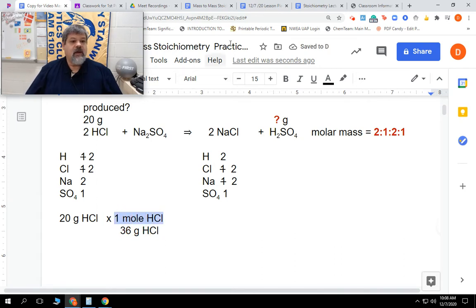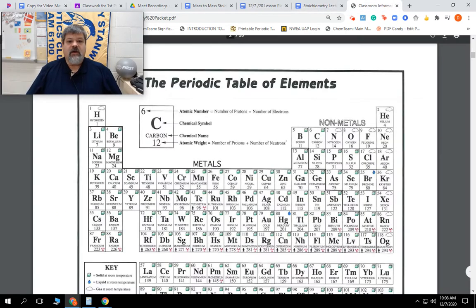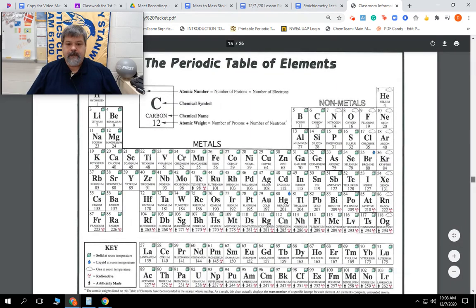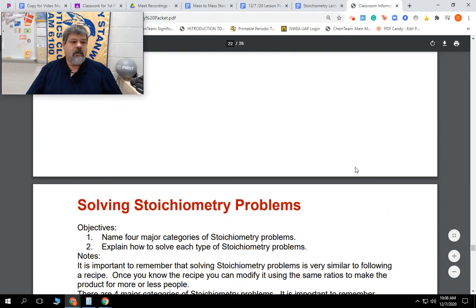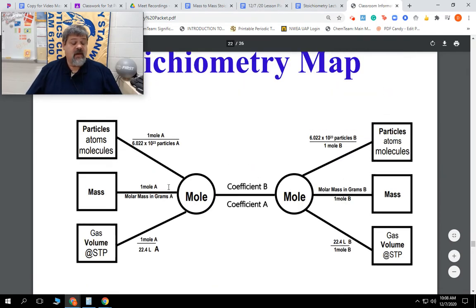And we're going to do our next step. Our next step tells us that we put in times in a line. If we go back to our stoichiometry map, the map tells us that we have to do our molar coefficients.